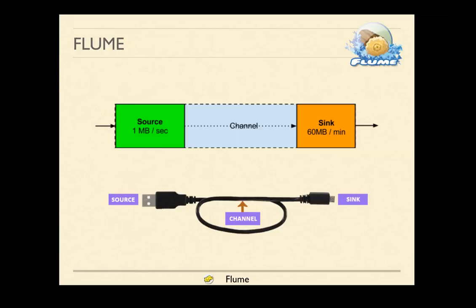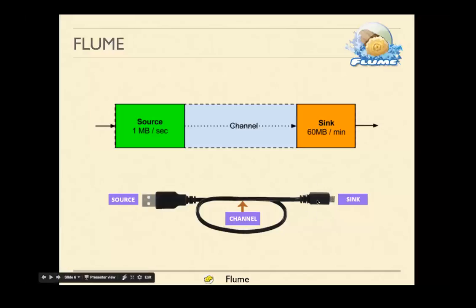All these three can be replaceable modules. Imagine a USB cable in which you can replace both the ends. You can change this kind of USB to USB 3, or say a port like a VGA port, or anything else.